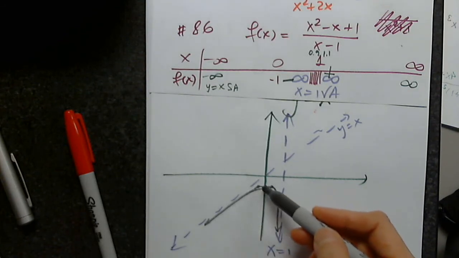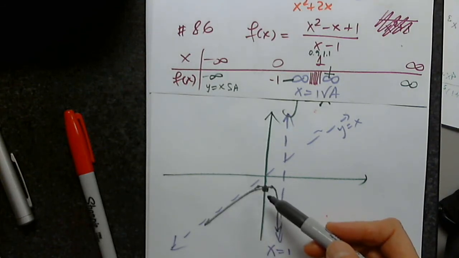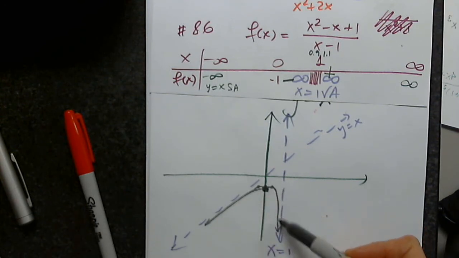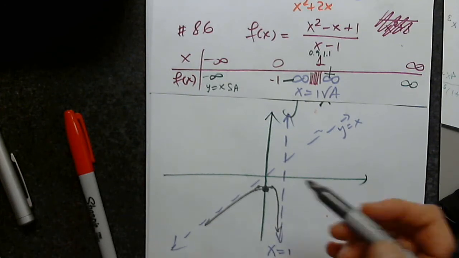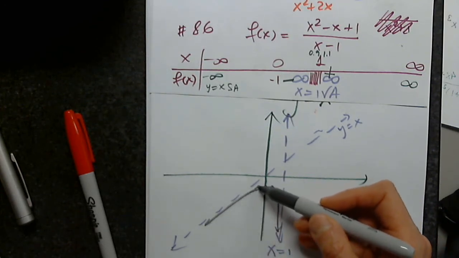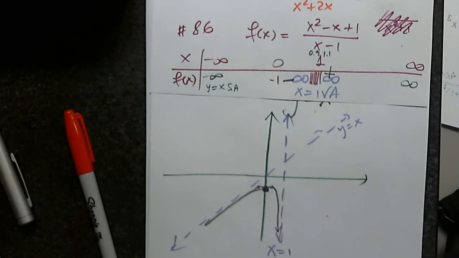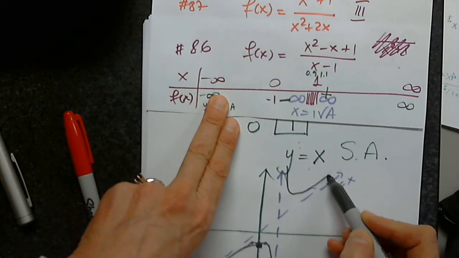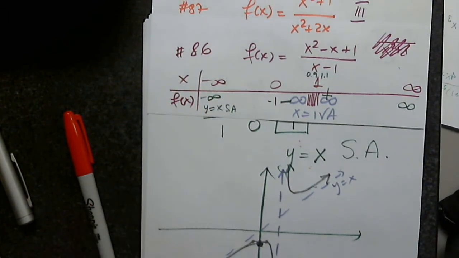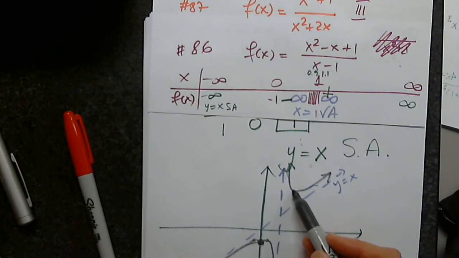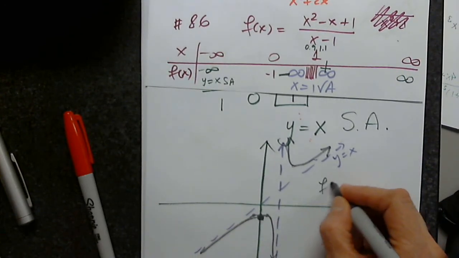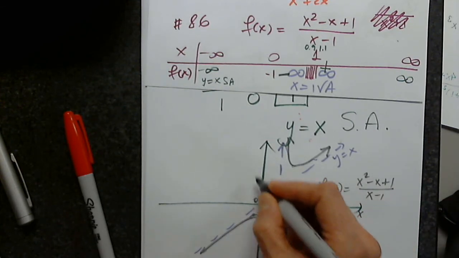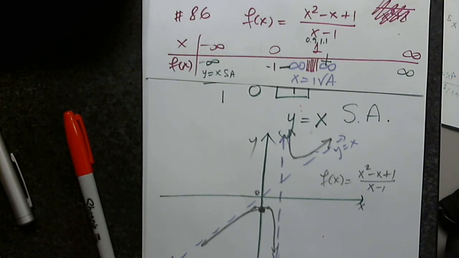It can turn before it crosses the x-axis, unlikely on the x-axis, or it can go ahead and continue. I think that this is stretching it, but it's possible. I think the maximum will be before it crosses, but that's why we have the calculator. On the other side, very clear, from positive infinity going to positive infinity. I have to determine this maximum in this area and this minimum in this area. And this is the graph of f of x, x squared minus x plus 1 over x minus 1. Ready?